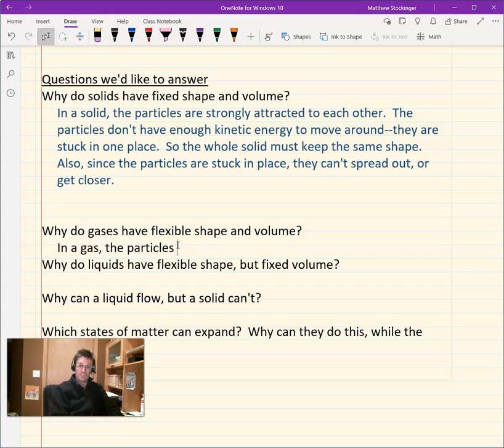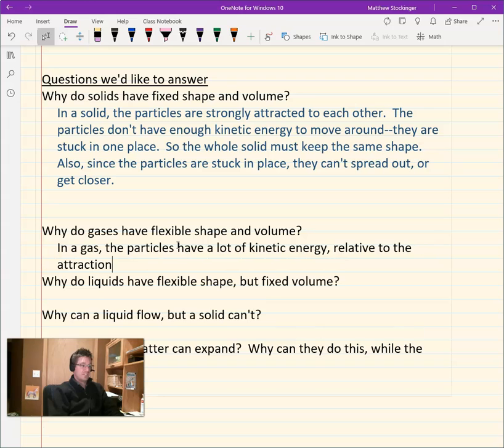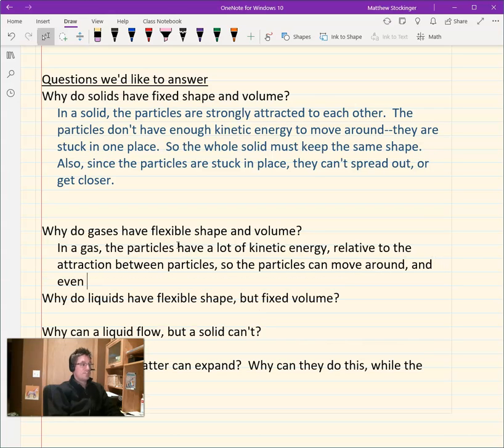Alright, so you gave this a shot yourself. Here's my version. In a gas, the particles have a lot of kinetic energy relative to the attraction between particles. So the particles can move around and even spread apart from each other.